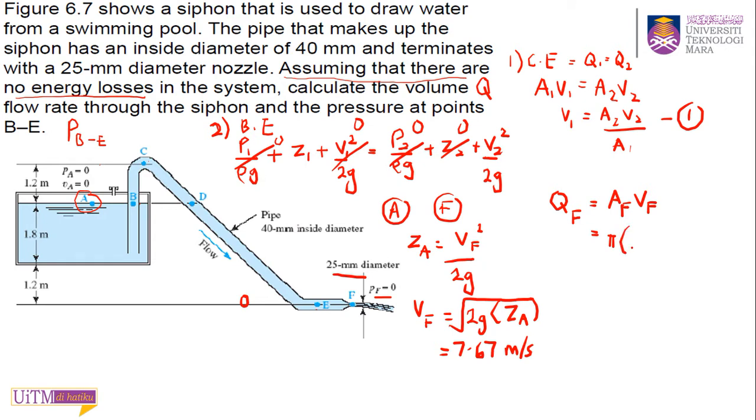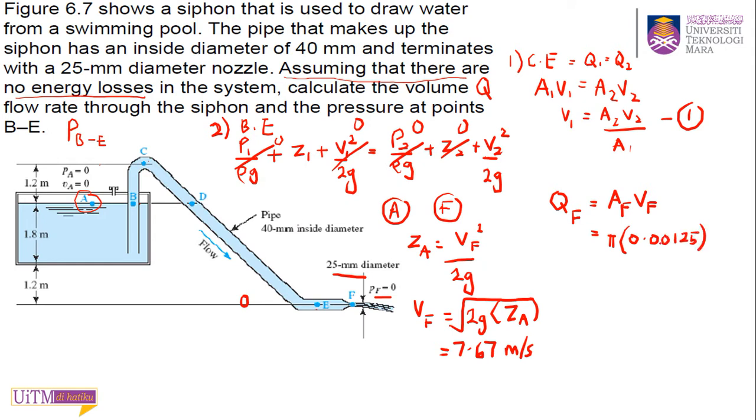So it is pi times 25 divided by 2, 12.5, divided by 1000, 0.0125.